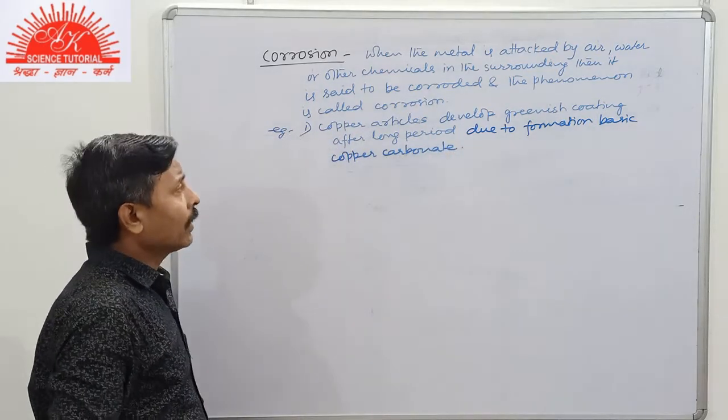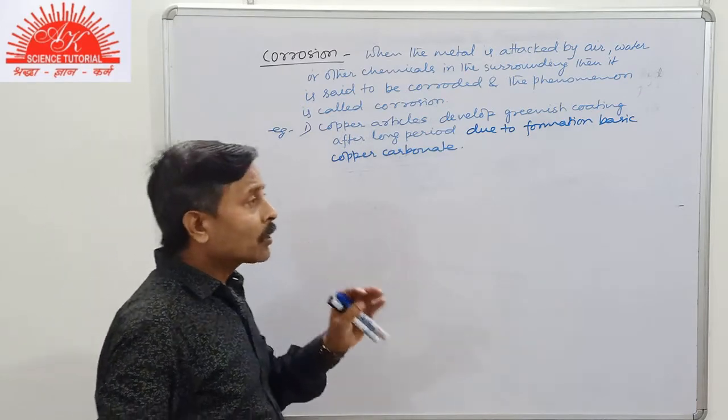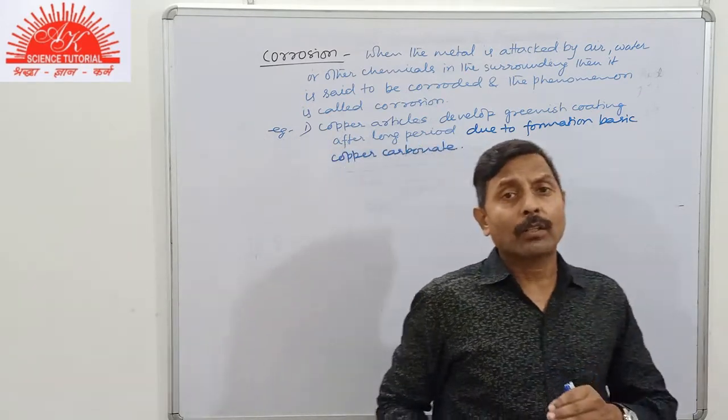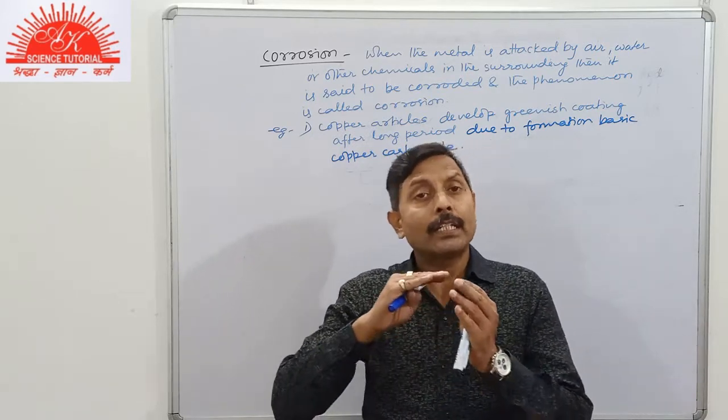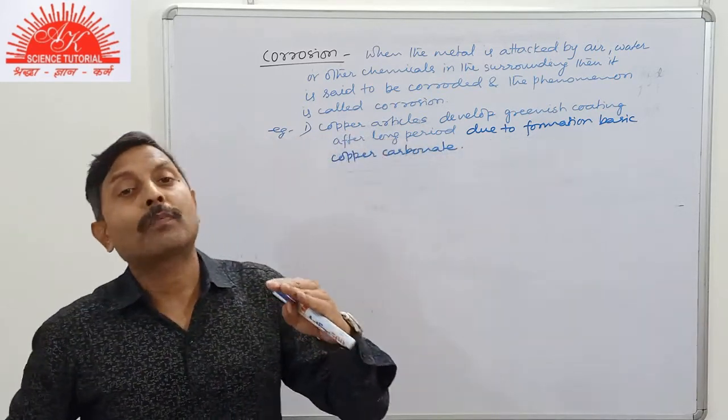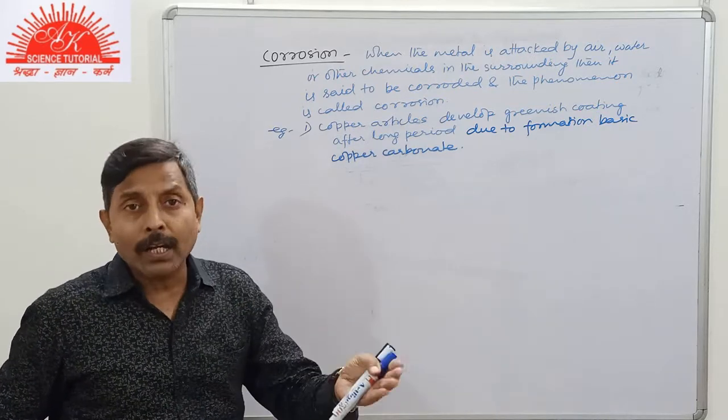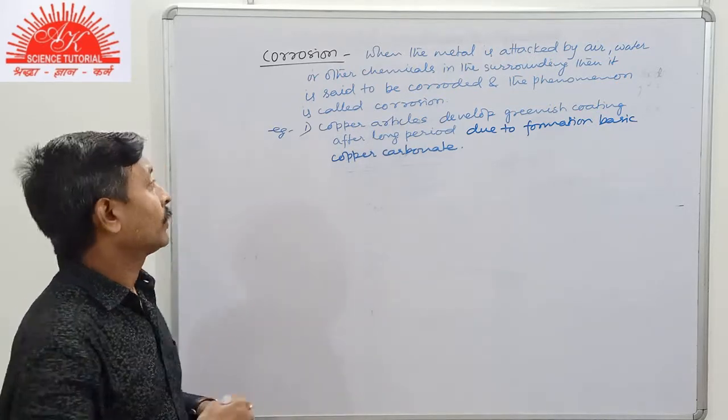So copper articles react with atmospheric air, moist carbon dioxide and develop basic copper carbonate. When it is rubbed, the upper surface of the compound formed on it is removed and it again becomes shiny.